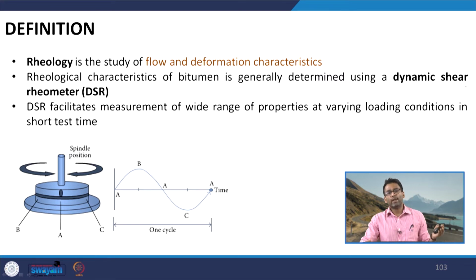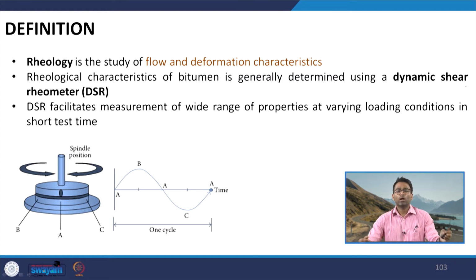The advantage of using a dynamic shear rheometer or a dynamic technique is that it facilitates us to get more information about the characteristics or response of the bitumen at varying loading conditions and varying temperature conditions in a relatively shorter period of time. Okay.